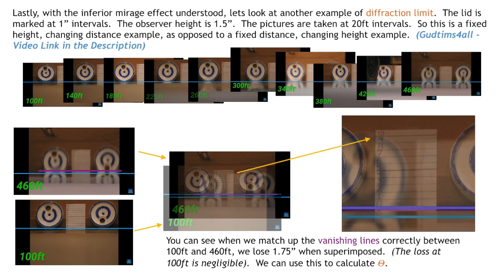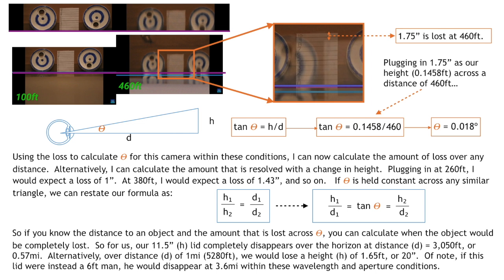And again, we can use this to calculate theta for this particular wavelength, diameter, and aperture camera. So we'll do that here. Again, this 1.75 inches is lost at 460 feet.